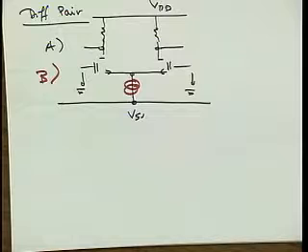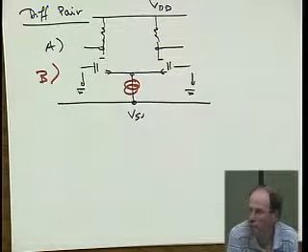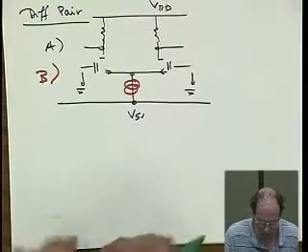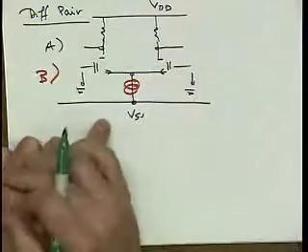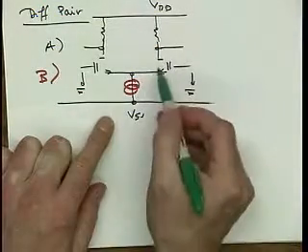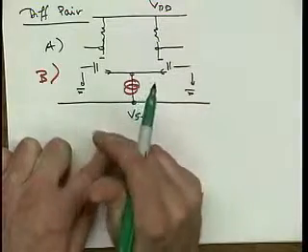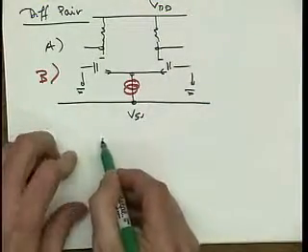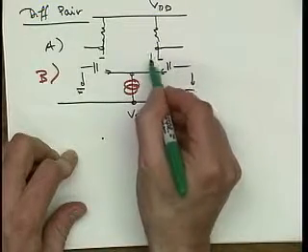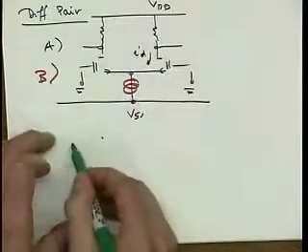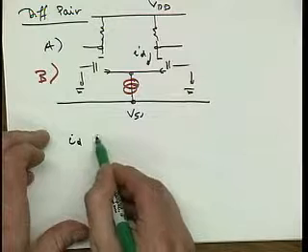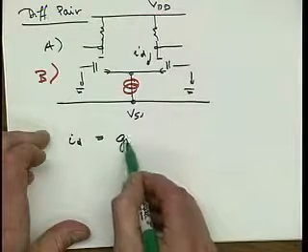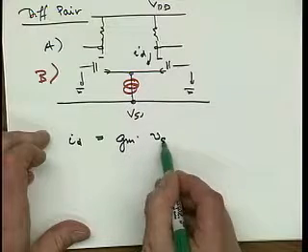Arbitrary? Well, ultimately we are going to be limited by the fact that there is also a GMB. The current flowing here, ID, is going to be equal to GM times VGS, right?